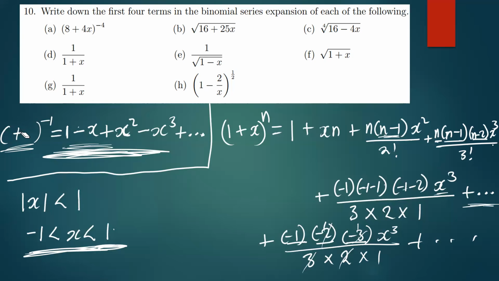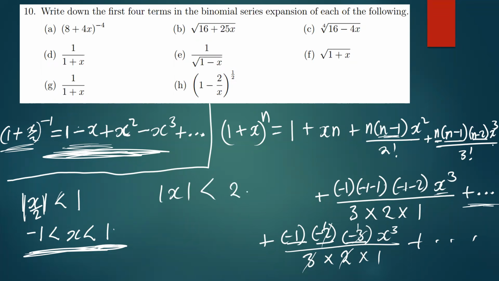So sometimes you may not have x, sometimes you may have just another function. So sometimes you may have maybe x over 2, like this one. It means that you're going to say the absolute value of x over 2 should be less than 1. Then when you simplify this expression, you discover that the absolute value of x is less than what? 2.